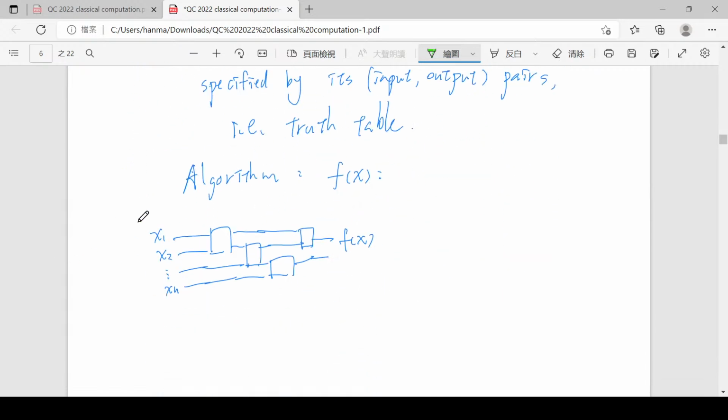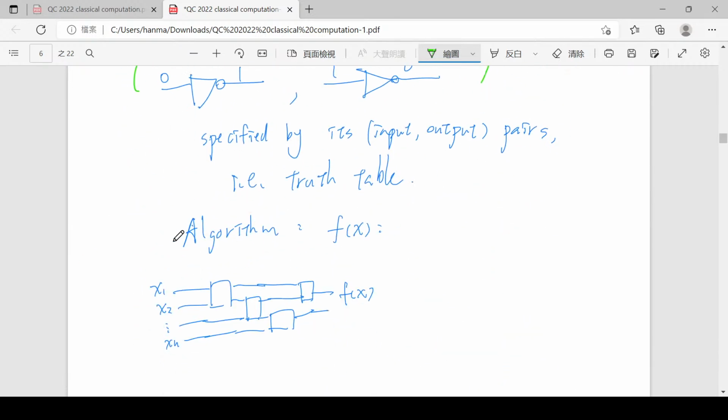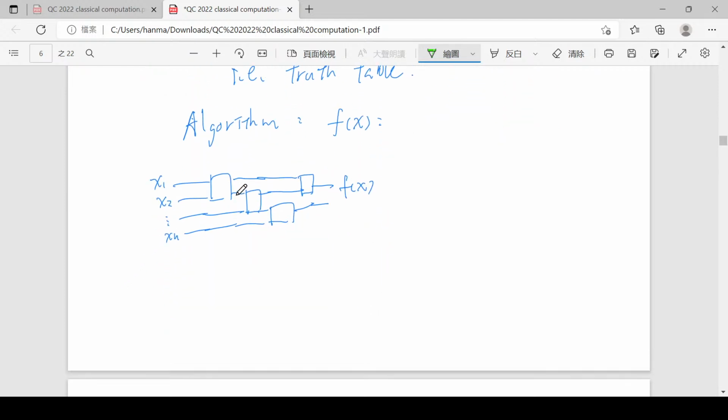So those are gates. And finally, there is the algorithm. An algorithm is just a circuit that computes some function for you. So we think of the algorithm as some binary function on a bit string. And the input will be described in binary and put on the input side of the wire, that's the most left side.